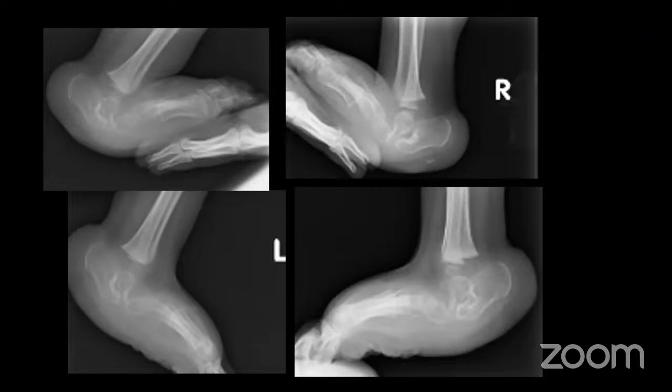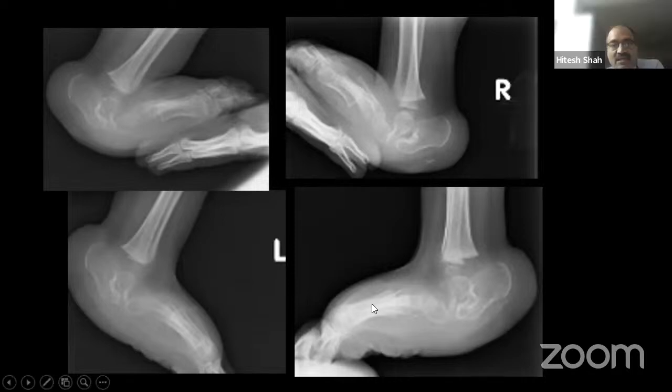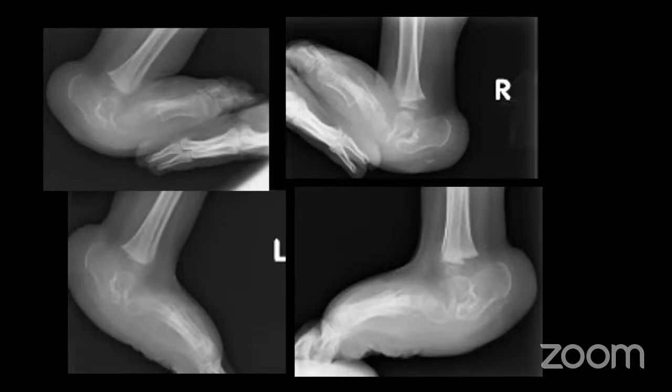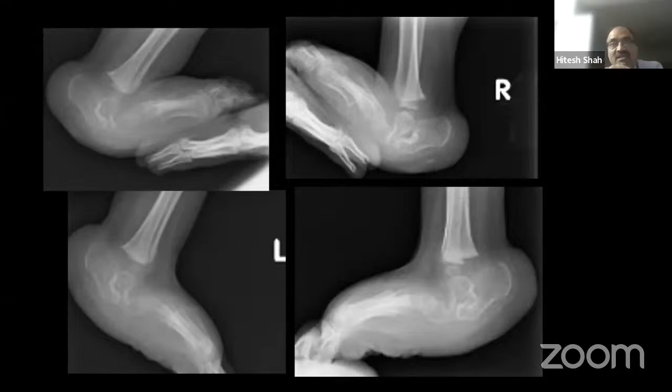Sir, vertical talus. Okay, why do you think so? The talus is vertically located on the X-ray, sir. So what will we see in the plantar flexion X-ray? What is needed to diagnose vertical talus?